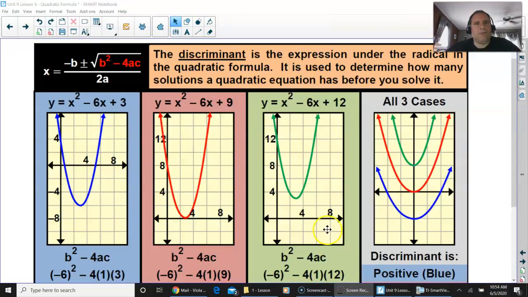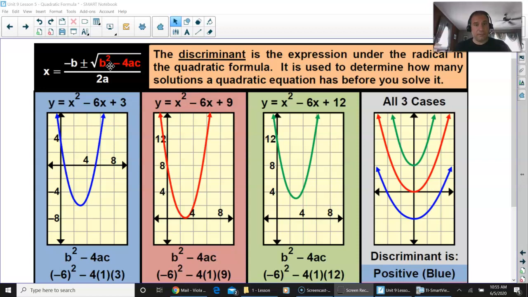All right, so the discriminant is the expression under the radical in the quadratic formula. That's called the discriminant, and that's sometimes what they ask for on a test. It is used to determine how many solutions a quadratic equation has before you even solve it. So just take a look. If you have the quadratic formula up here, underneath the radical is b squared minus 4 times a times c, right?